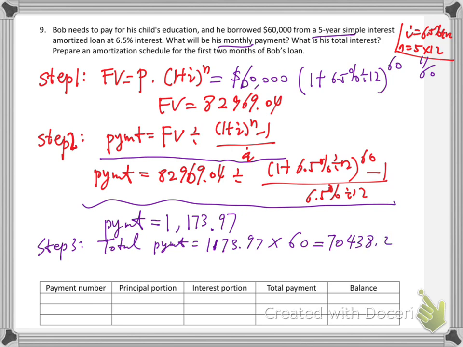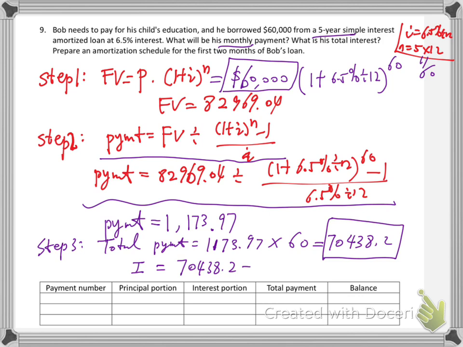And then the total interest: we borrowed 60,000, and eventually we paid a little bit more than 70,000, so the total interest will be this minus the 60,000, which is 10438.2. So that's what we have before the schedule.